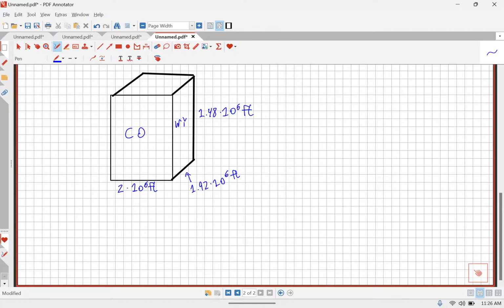Yay! My brain is broken. My brain broke already. Go ahead, find the volume of this sucker. Yep, volume is length times width times height.